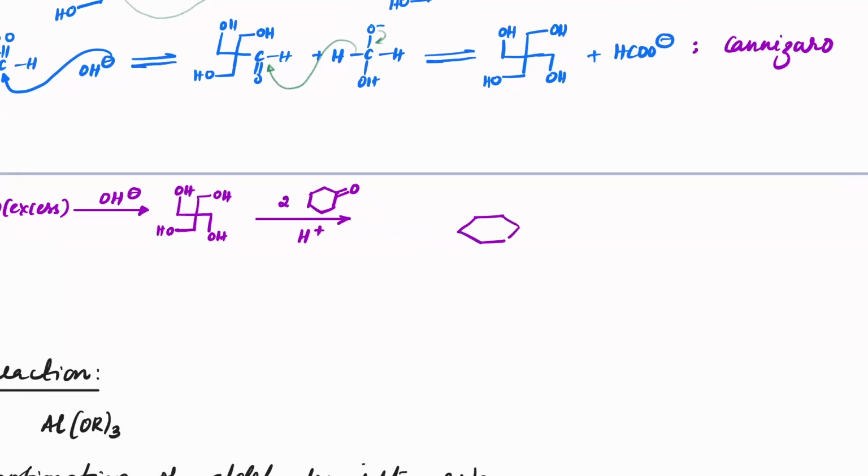So this ketone, having this double bond, will convert into a connection here with 2 oxygens like this. And the second mole will be connected to the next carbon here like this. This is the final product form.